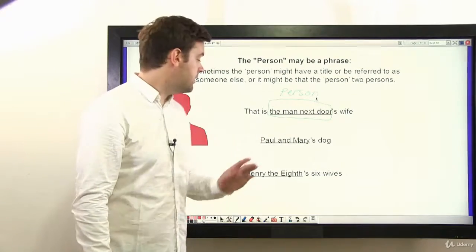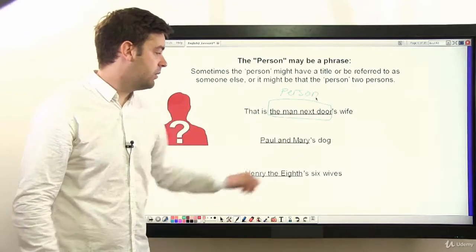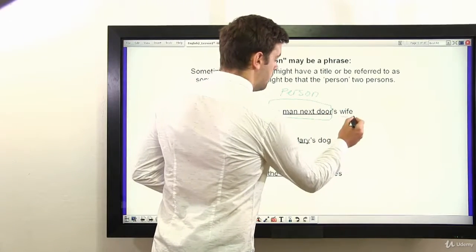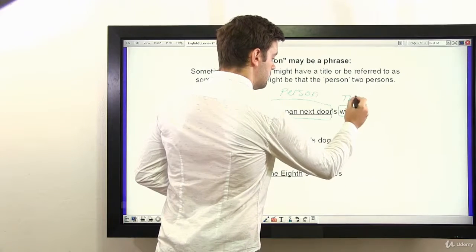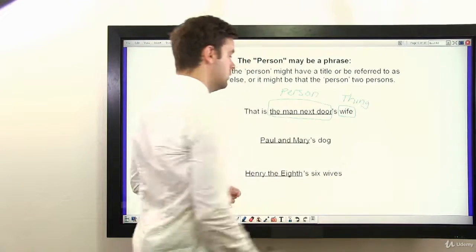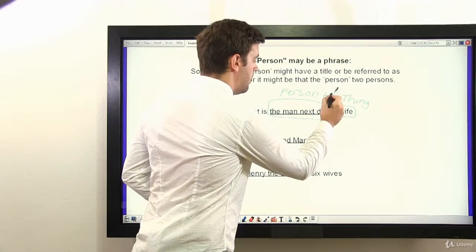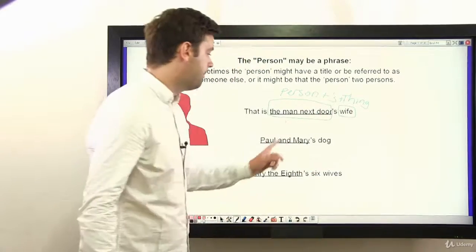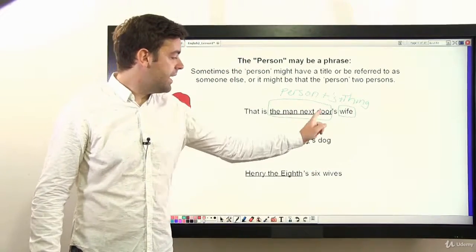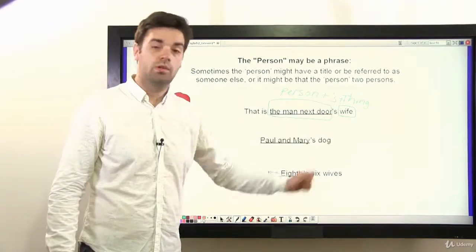We refer to the person as the man next door. And the man next door has a wife. So this is the thing. So the person plus apostrophe s plus thing. So the person, the man next door, apostrophe s, wife. So the man next door's wife.